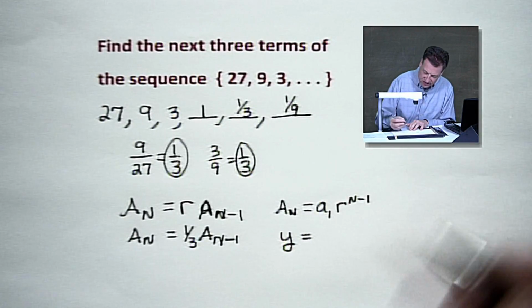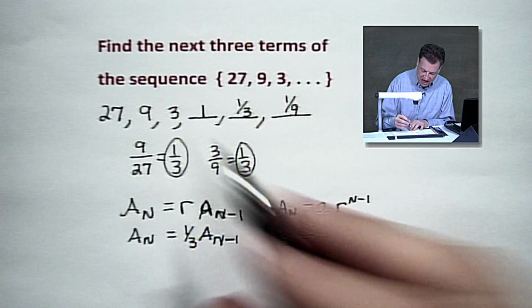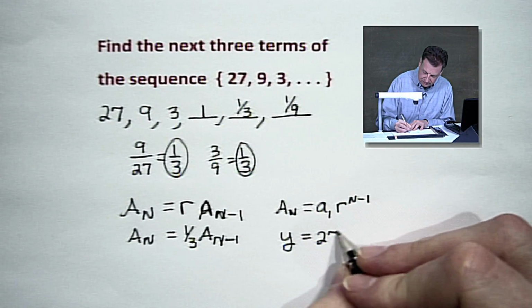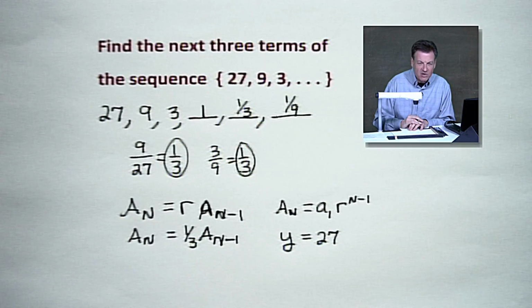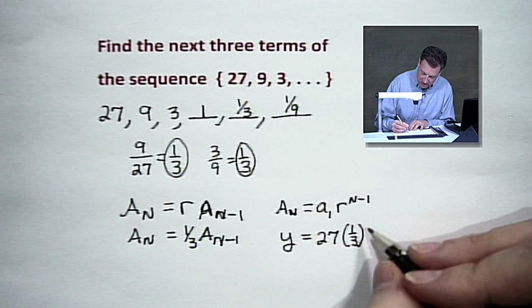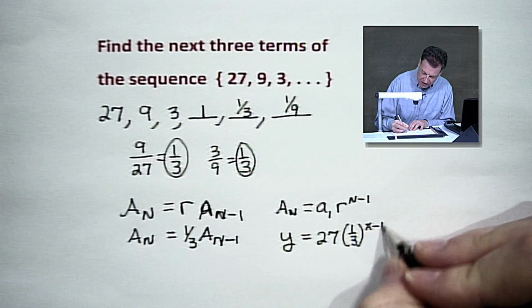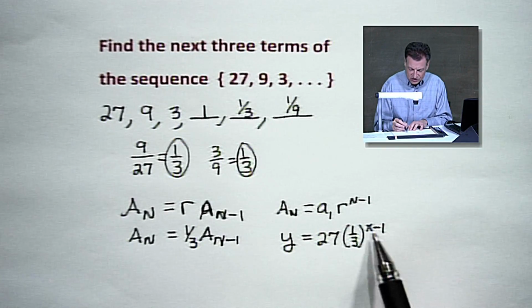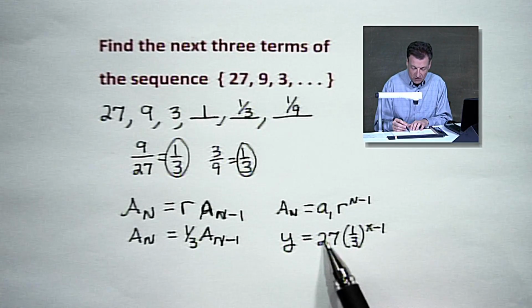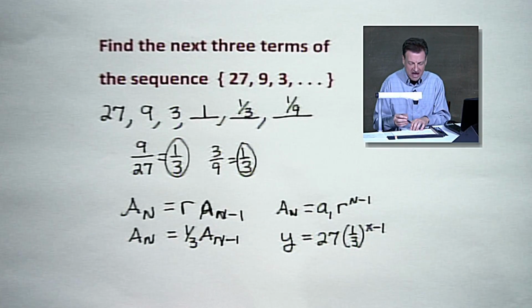You could write this as y equals, our first A is 27. And look what's going on with that. Our ratio is 1/3, and I'm going to put it in parentheses so we remember, and it's going to be the x minus 1. So in other words, if we're looking at our second term, that's going to be 2 minus 1, which is going to give us 1/3 times that, which is 9. Guess what? That's your second value for y.